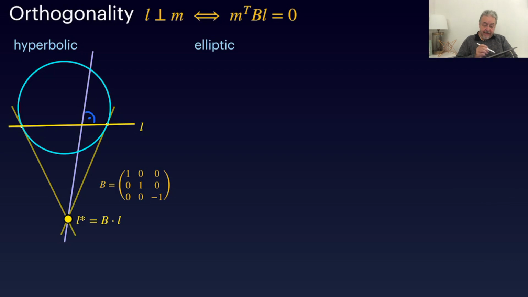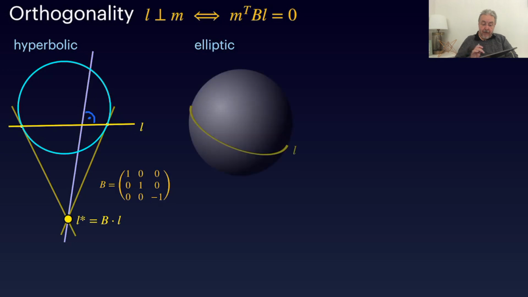In the elliptic case, this -1 down here turns into a +1, and we learned that it is the best thing to view the elliptic case on a sphere. So we scale down the homogeneous coordinates of our objects to the unit sphere, and so points are again antipodal pairs of points on the unit sphere, and lines correspond to great circles on the unit sphere.